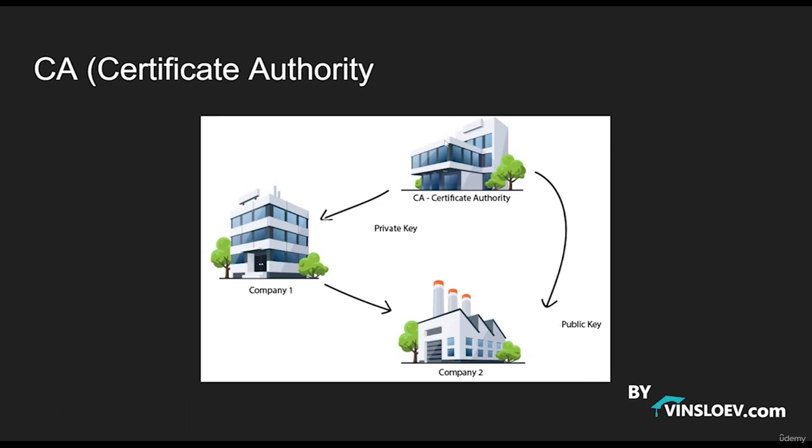But the important part is that the root authority is one that all the parties within this network are trusting, because if they don't, then this entire PKI setup has no value, because if company 1 made some shady agreements with the CA, then company 2 could not be sure that whatever they received from company 1 was legit, because these two had an agreement in between.